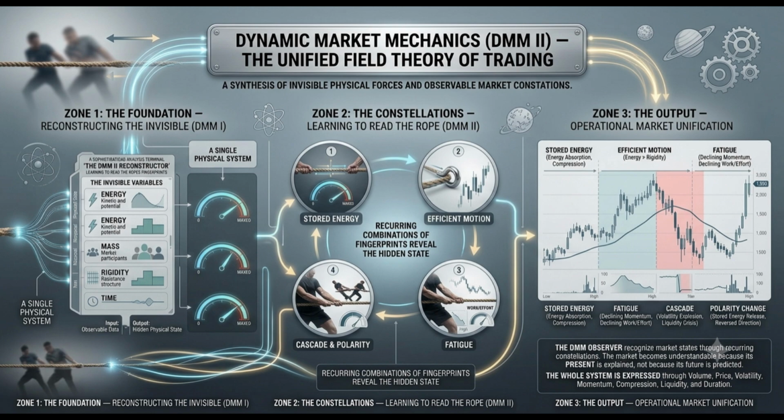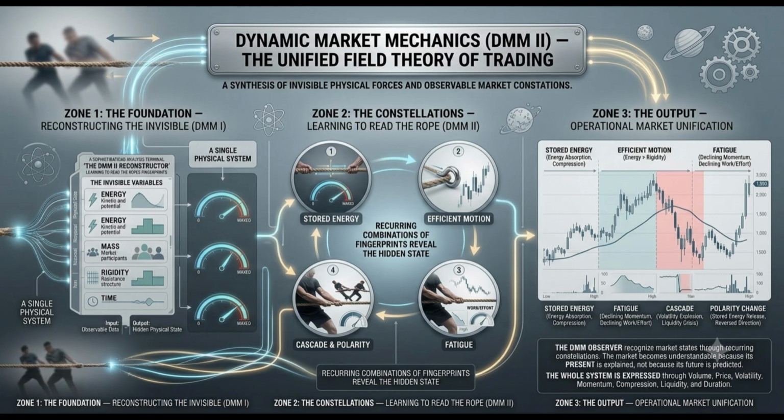The principle of constellations. No single observation predicts the market. No indicator explains the market. Only the relationship between multiple observations reveals its condition. The observer is therefore not searching for signals. The observer is reconstructing a physical system from its observable consequences.